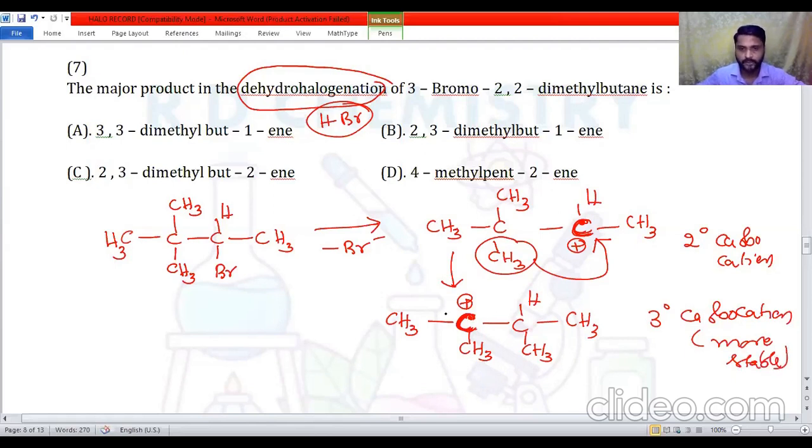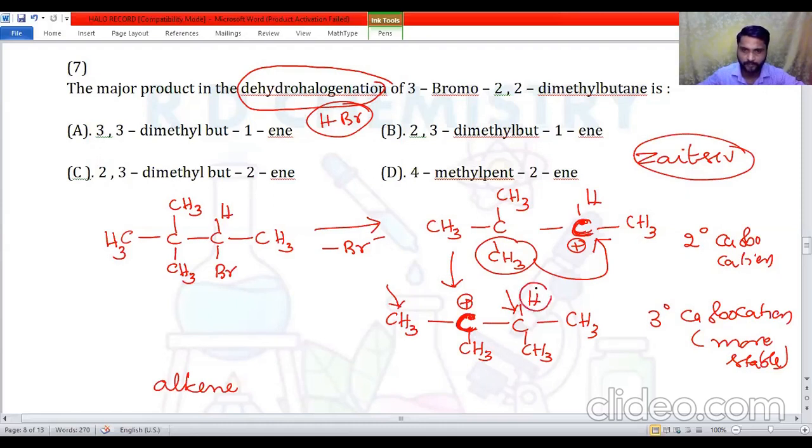Now, remove hydrogen. There are 2 possibilities. I can remove hydrogen from here or from here. So you also remember the Zaitsev rule. I should get a more stable alkene, where there are more alkyl groups on the double bonded carbon atoms. So let me remove from this carbon atom.